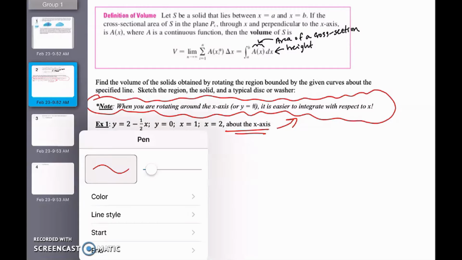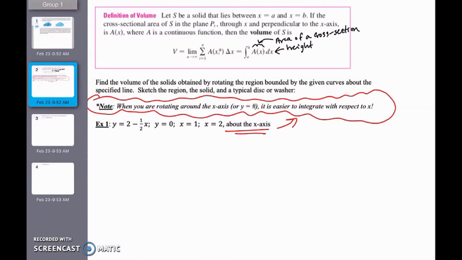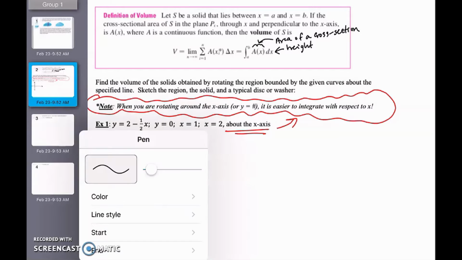So the first thing that we need to do here is sketch a picture of what we're looking at. I'm going to draw a coordinate plane. My curve is y equals 2 minus 1/2 x, which, as we know, is just a diagonal line. It has a y-intercept of 2 and a slope of -1/2.